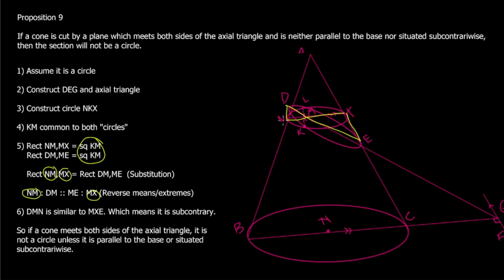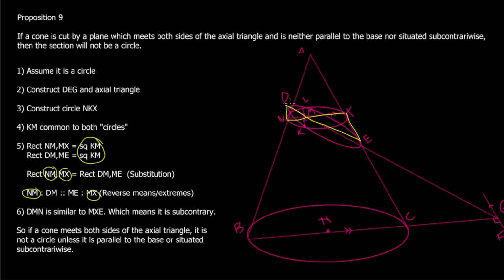So DM and MN represent one similar triangle here, and ME and MX represent another similar triangle here. So let's think about the sides that they sit opposite of.